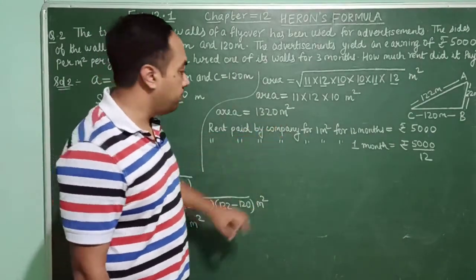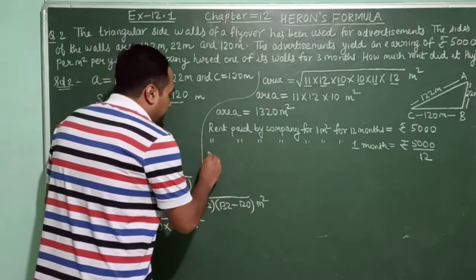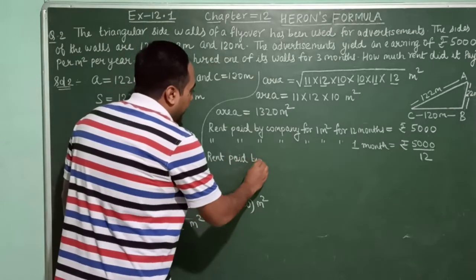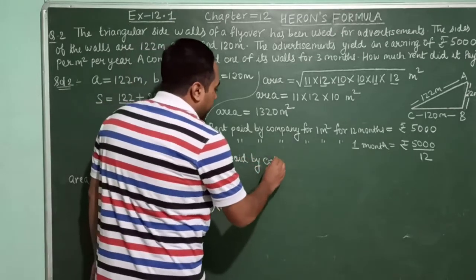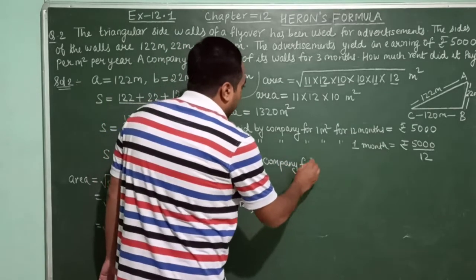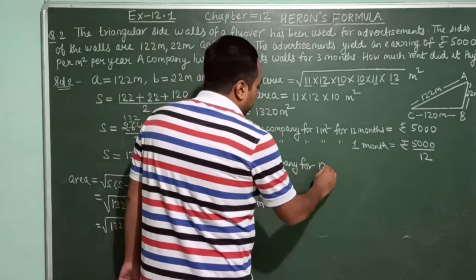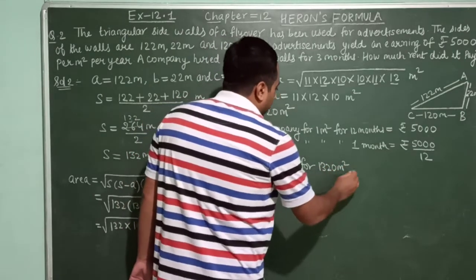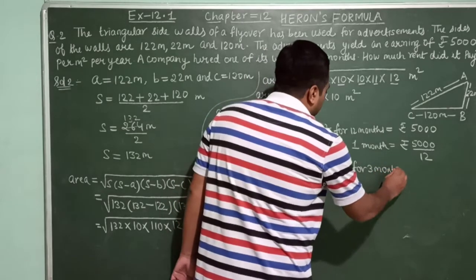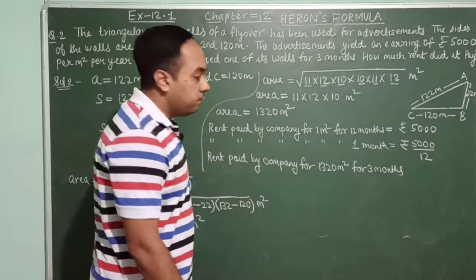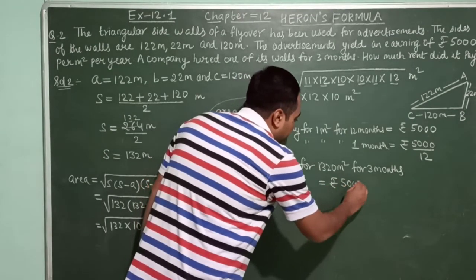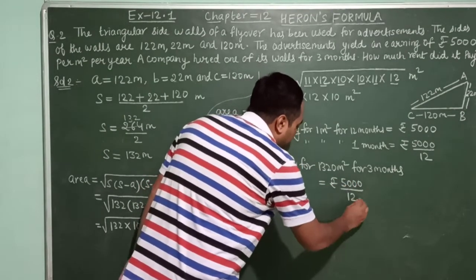1320 meter square. So now here we will write rent paid by company for, how much is the area? 1320 meter square, and for how many months? For 3 months, and this will be equal to rupees 5,000 upon 12.